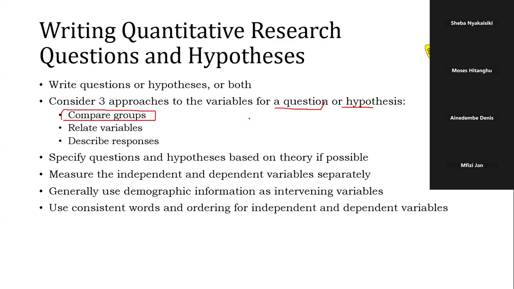So take an example. If I was studying this class to see your perception on ease of use and usefulness according to age, then I would begin to come up with the different demographics in the population. I would maybe put age: those between 25 and 35, those between 35 and 45, and then those above 45 years.